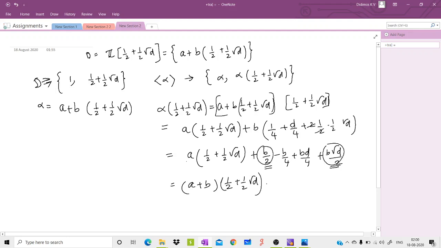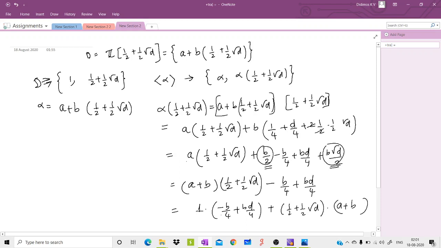Then the remaining term will be minus b/4 plus bd/4. Now this is of the form 1 times (minus b/4 plus bd/4) plus (1/2 + 1/2 √d) times (a + b).